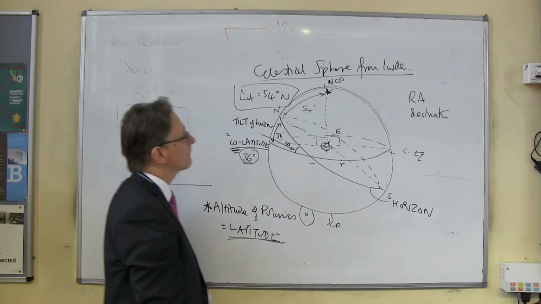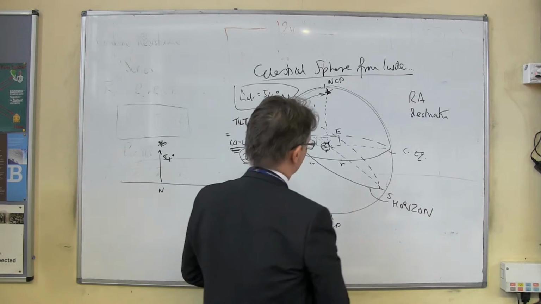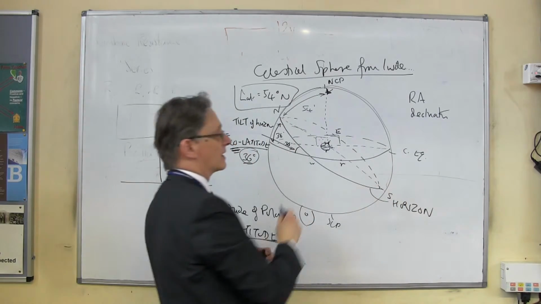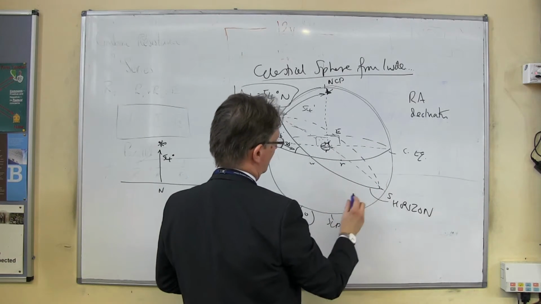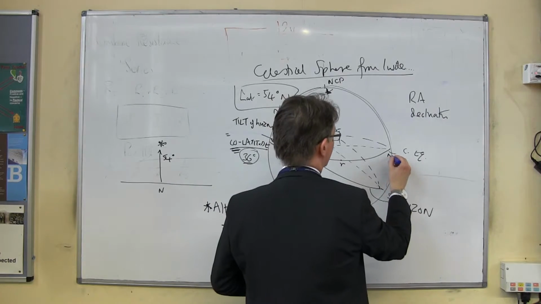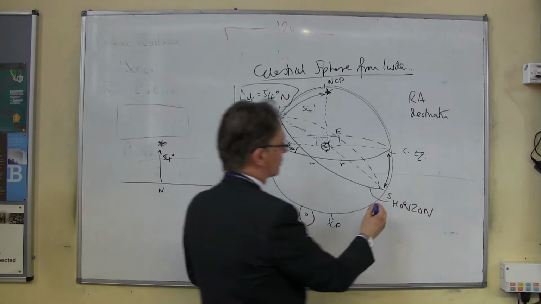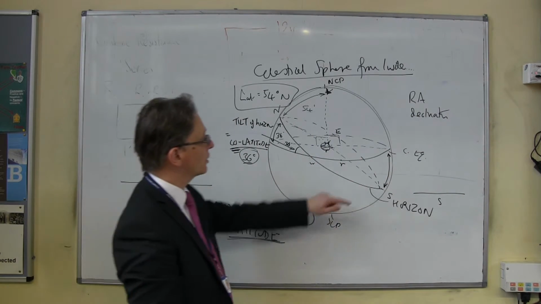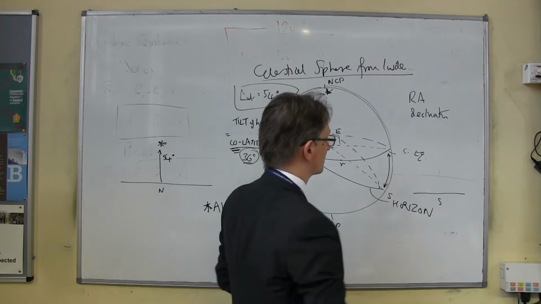Now, the other end of this right angle business in the middle, or this right angle if you like, is this angle here. Now that's going to involve you looking at your southern horizon. And looking at this line here, if you can imagine this line here that goes right from your north to your southern horizon.